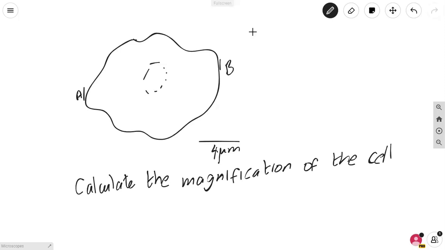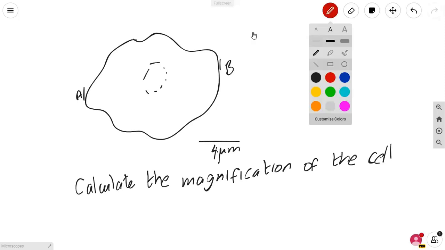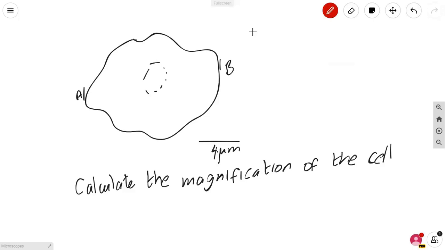Now, at this point, people often do really complicated things, but actually, you don't need to. They've given you a scale bar here for a reason. It's like a scale bar on a map. It tells you that from there to there, in real life, is only 4 micrometers, but in this picture, is whatever that distance is. So let's imagine that distance, measured in millimeters, of course, is 30 millimeters. The magnification of this scale bar is identical to the magnification of the cell.